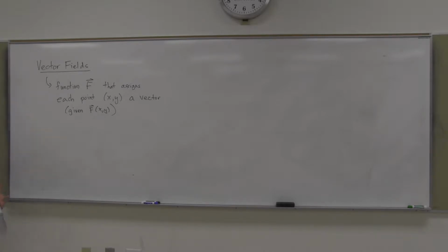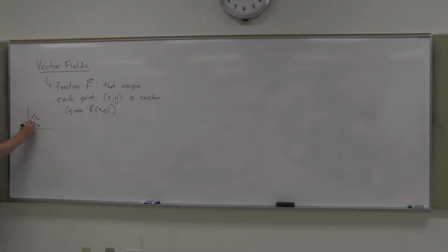Sometimes you'll see different vectors. Think of a coordinate system here. At this point I've got this vector, and then it comes over and a little different vector, and then maybe it switches around. It could do all sorts of things.